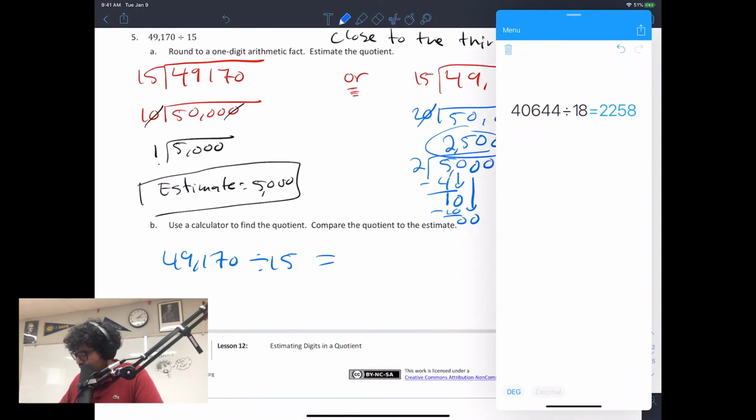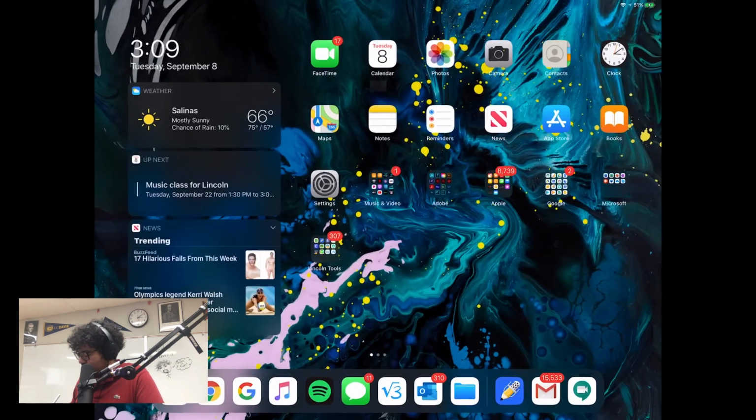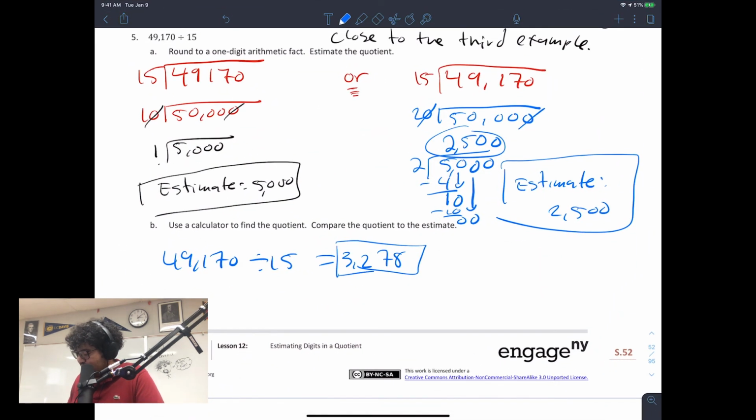We're going to get 49,170, and then we're going to divide that by 15. And what do we get? 3,278.